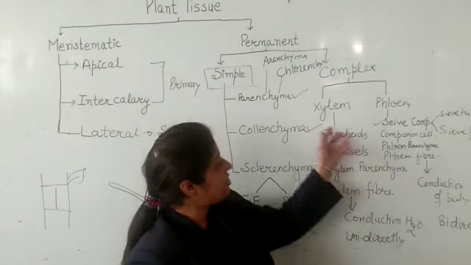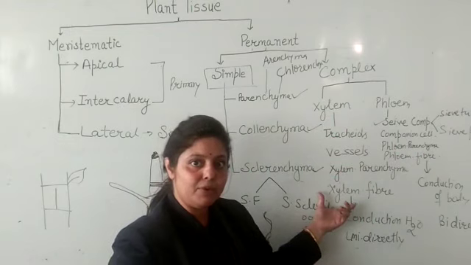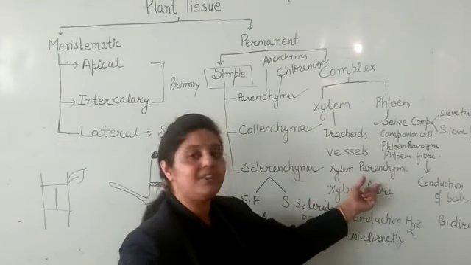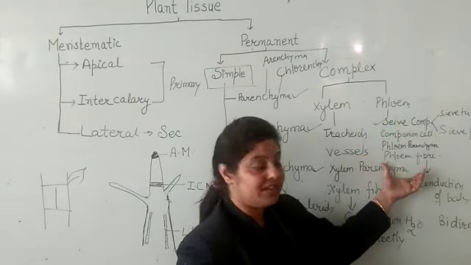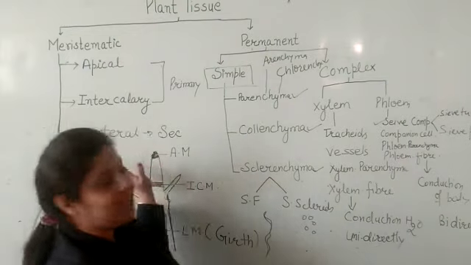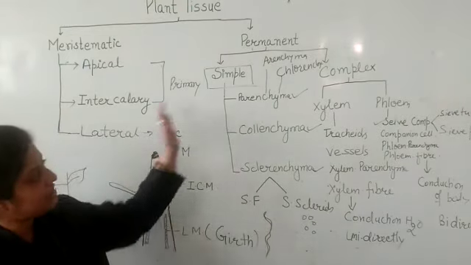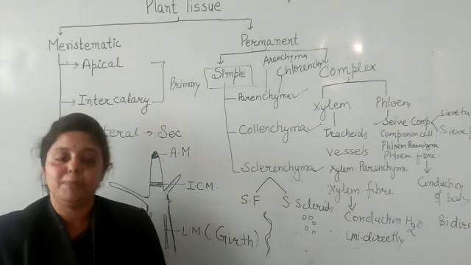Children, one more thing to keep in mind: all the xylem components are dead except for xylem parenchyma, which is living, and most of the phloem components are living except for phloem fibers. So you need to have a look at this flow chart so that you can easily understand plant tissue.